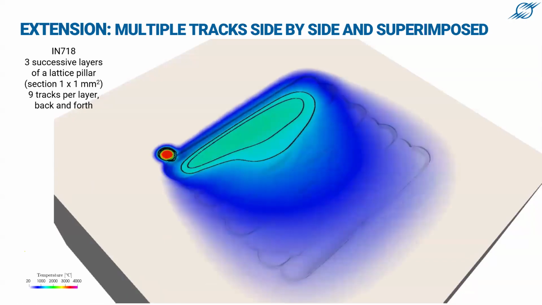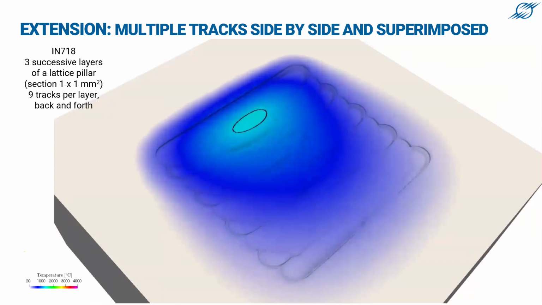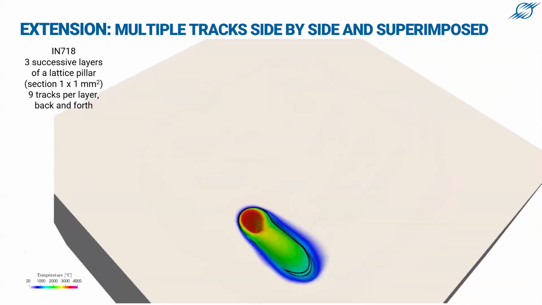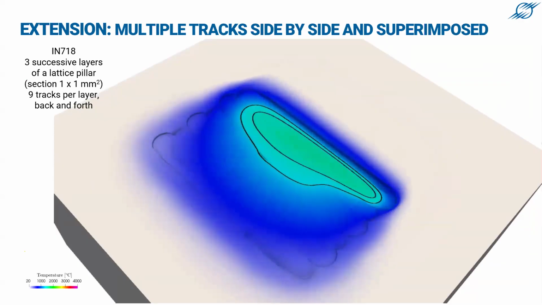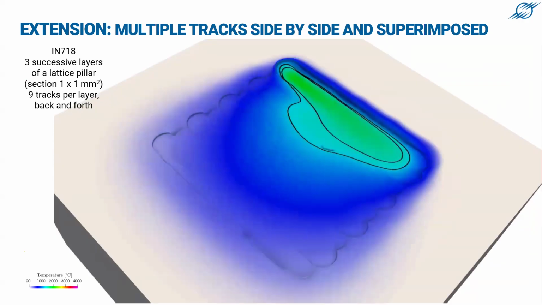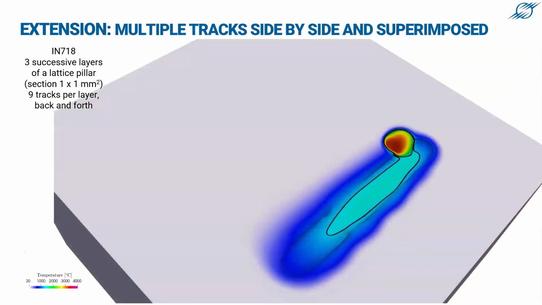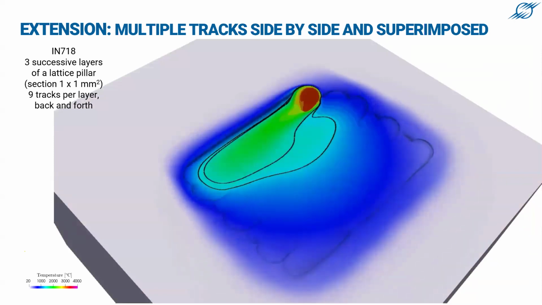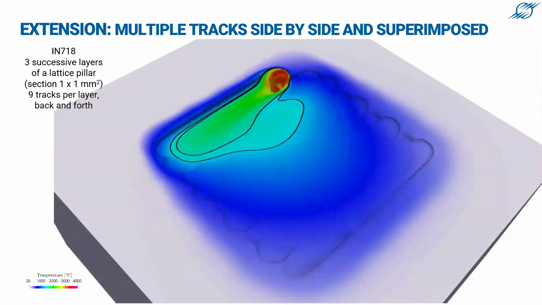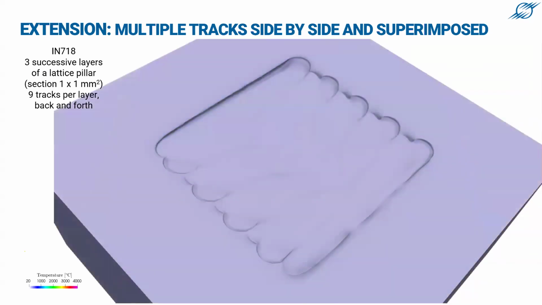We can imagine it's a lattice pillar, and we can see successive spreading of the powder bed and then another series of laser scanning. And if you observe, because of the accumulation of heat, the melt pool is enlarged from one layer to the next.